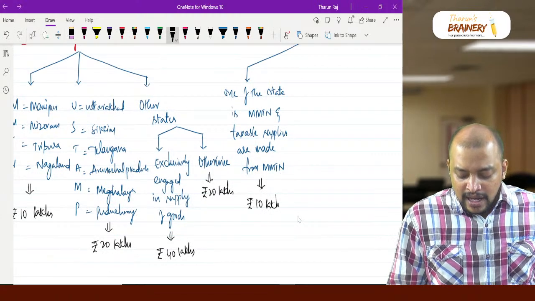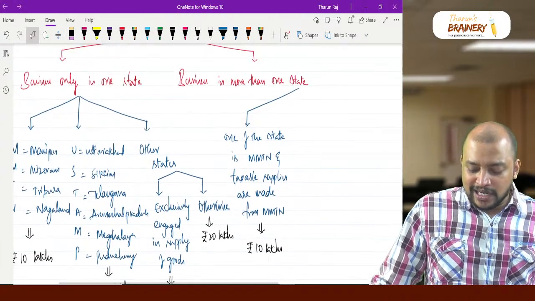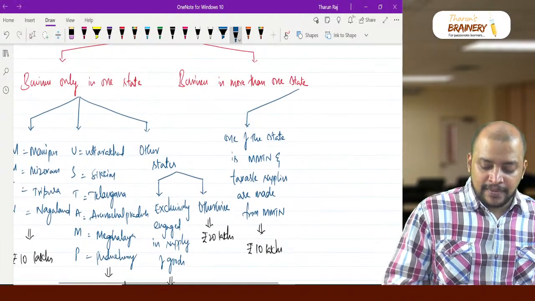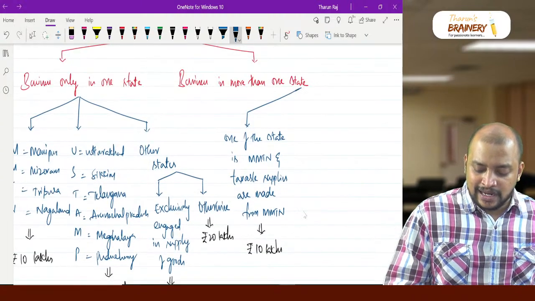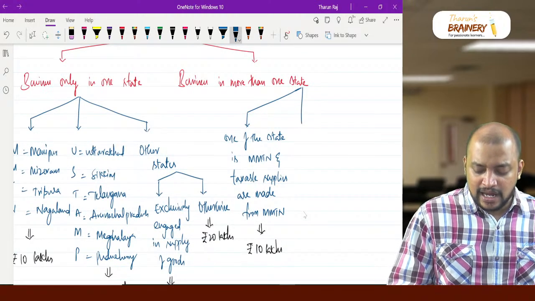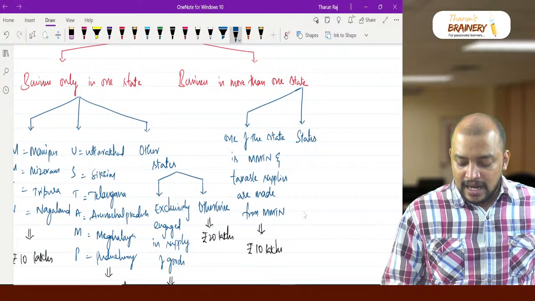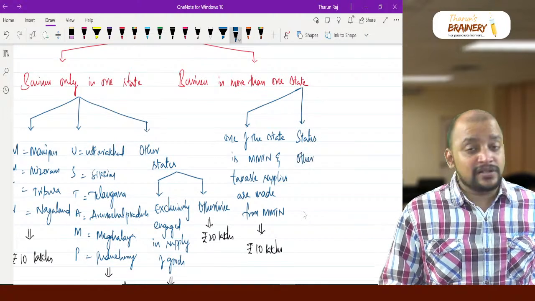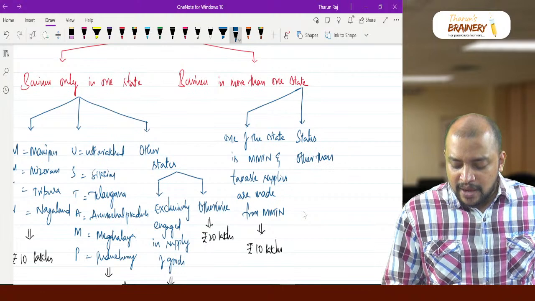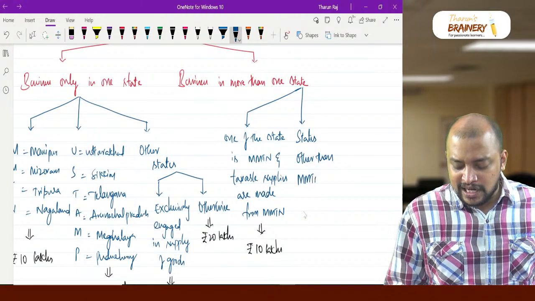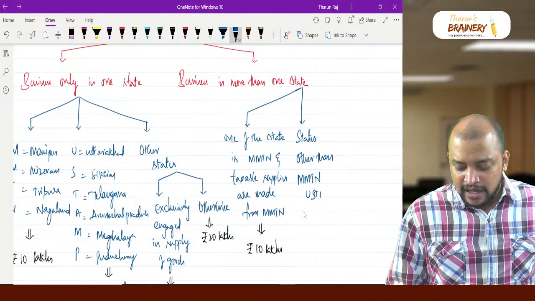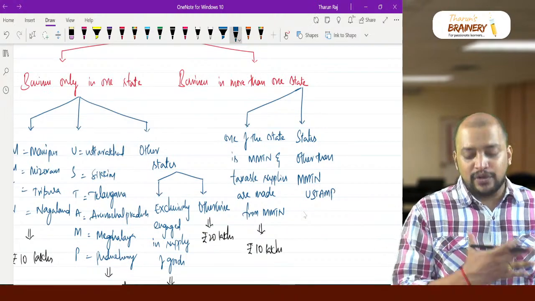Okay. Suppose you are located in any other state, so states other than MMTN and U-stamp. MMTN U-stamp, we have seen.